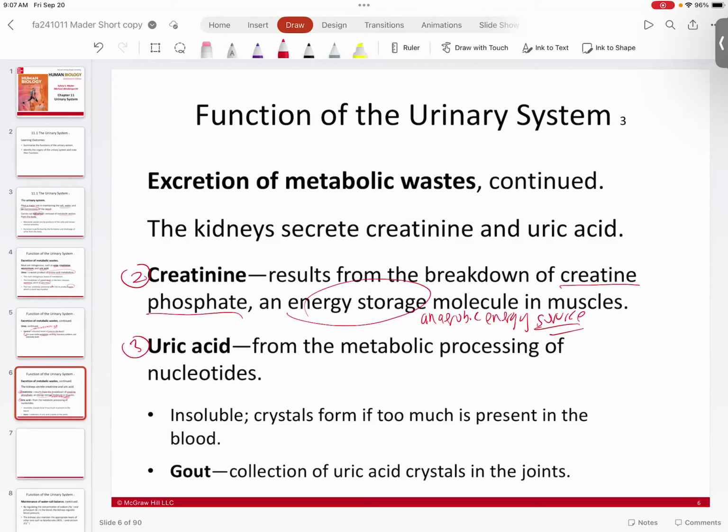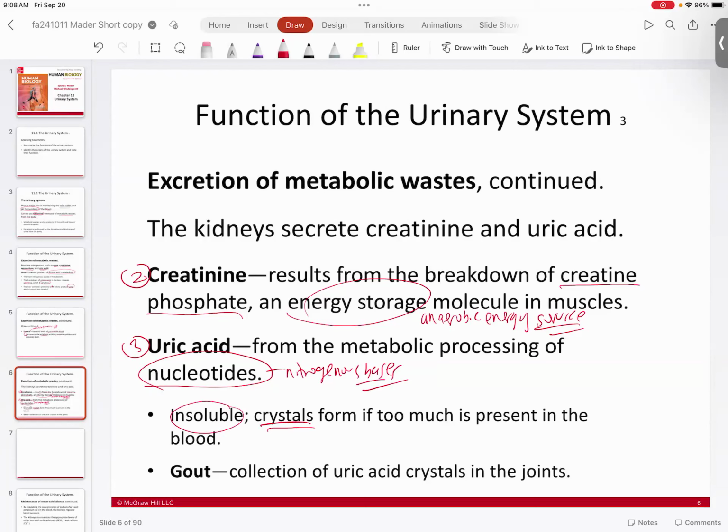Uric acid typically is coming from nucleotides. Nucleotides will obviously have nitrogen in them as well, right? Because they have nitrogenous bases in your DNA. We'll talk more about that at the end of the semester. Uric acid, unlike the others, has the ability to create crystals. That's because they're insoluble.